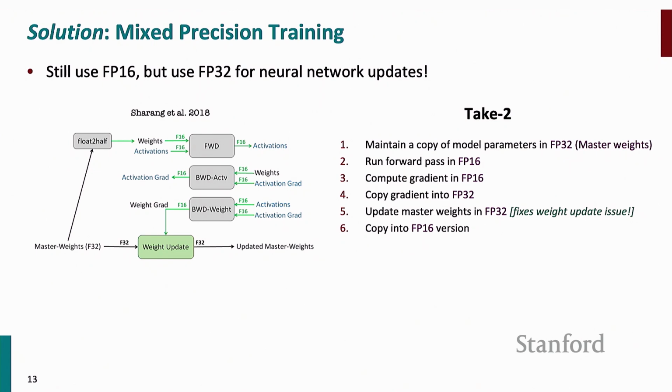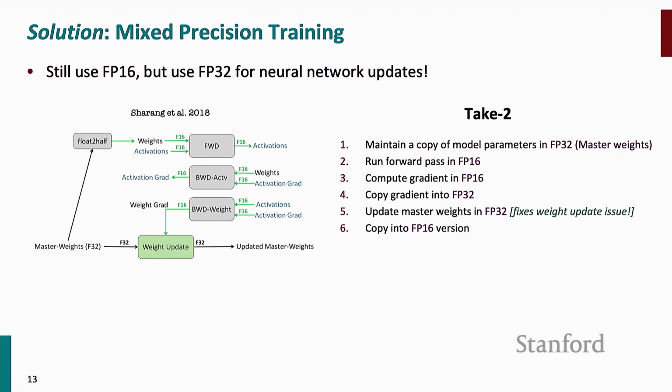And then you run a backward pass and get your gradient in FP16. Okay, so everything so far has happened in FP16. Then you take your gradients, upcast them into FP32, and update your master weights. And once you update your master weights, you copy them into the FP16 version of the neural network. Okay?